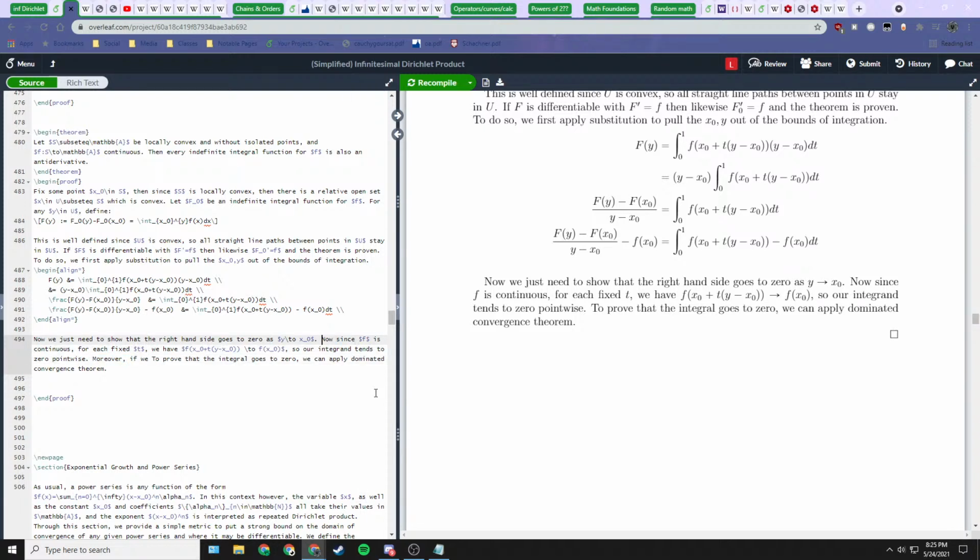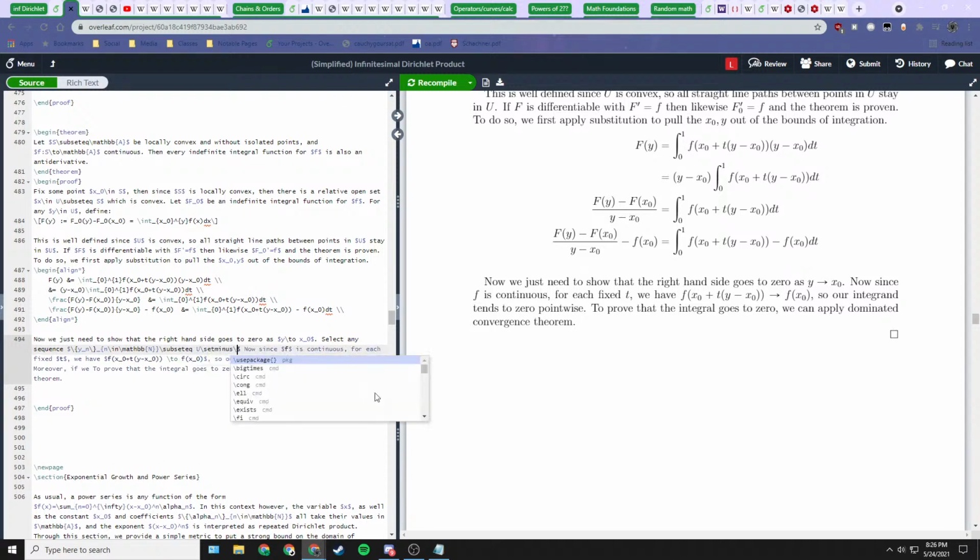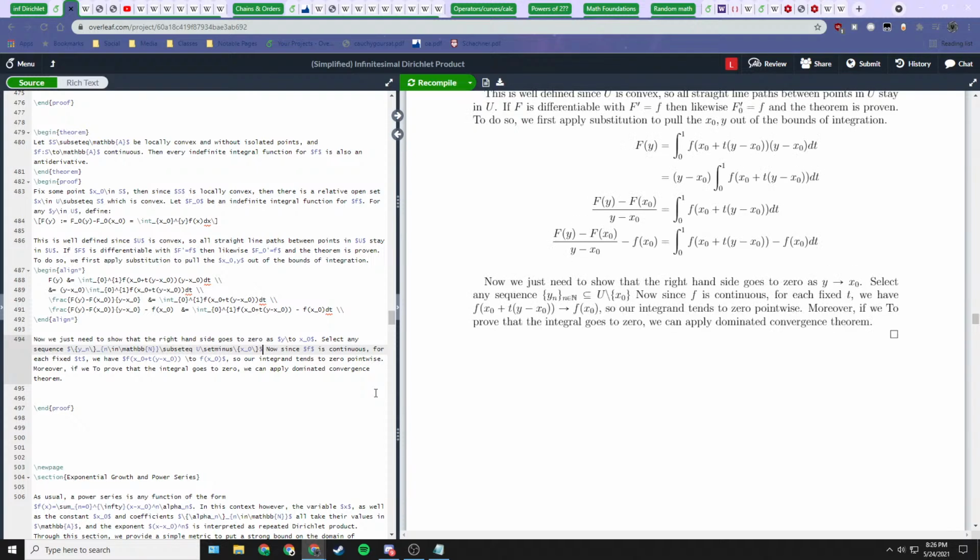Okay, let's select a sequence in advance first. So we're going to select a sequence of y sub n in advance. We're going to have this in our convex neighborhood without x0.